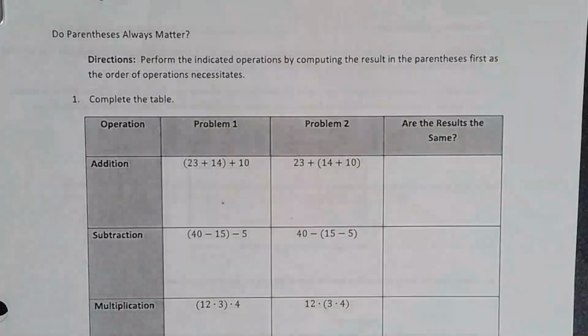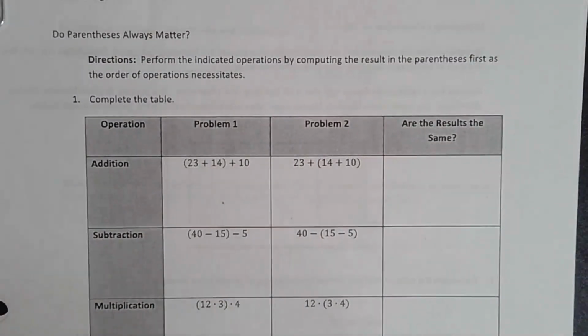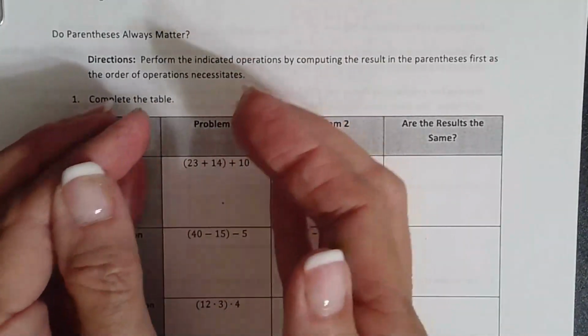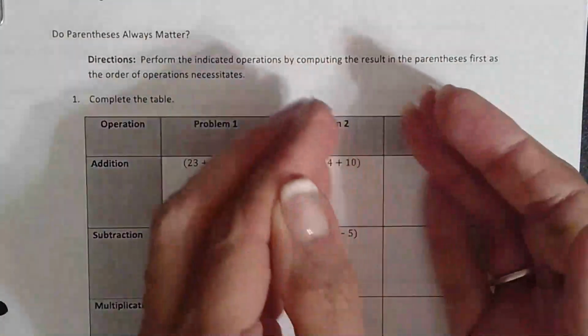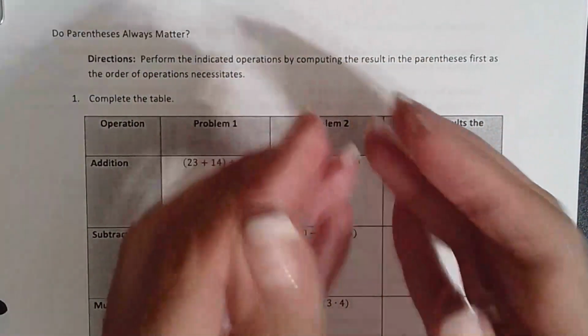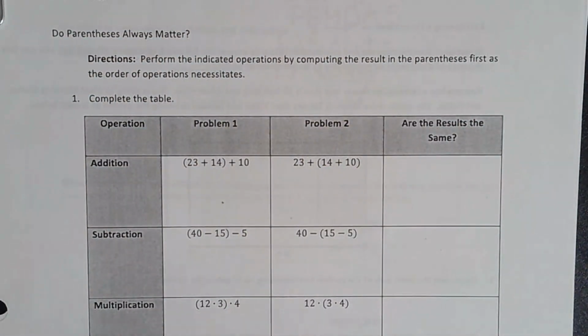I remember commuting for commutative, home to school, school to home, switch the order. I remember associative because the parentheses associate these two numbers together on this side, and they associate these two together on this side.